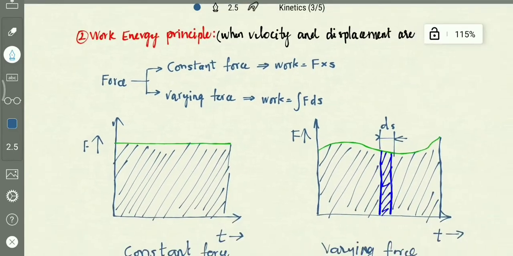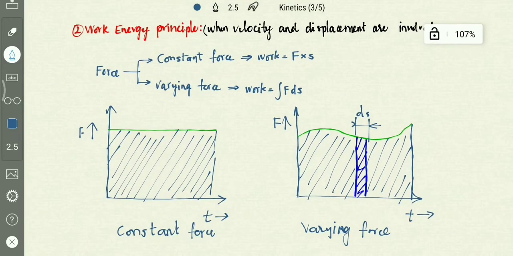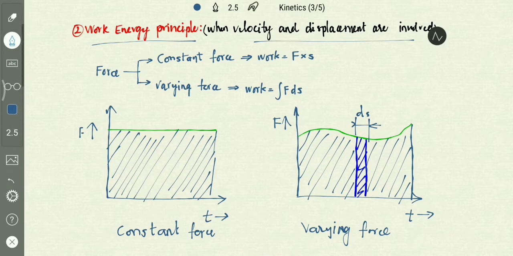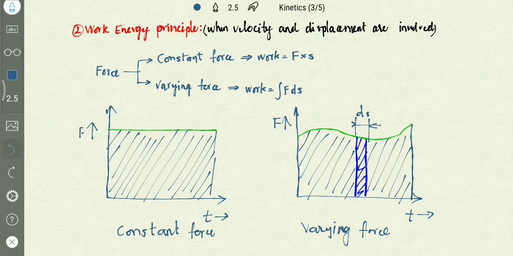So next let us see the second principle, which is the work energy principle. The first one is D'Alembert's principle. The second one is the work energy principle. The work energy principle is used when velocity and displacement are involved in kinetic problems. So what is work?